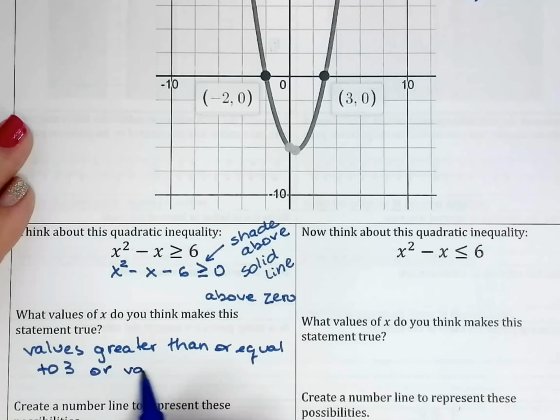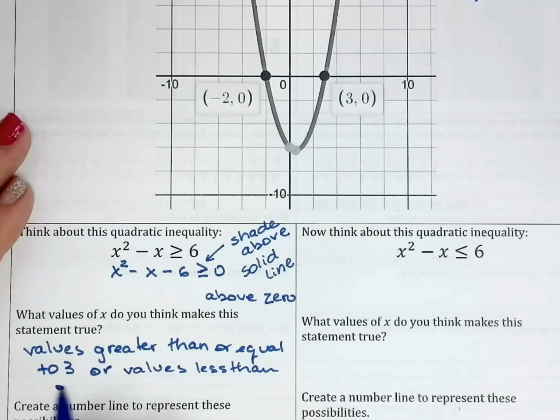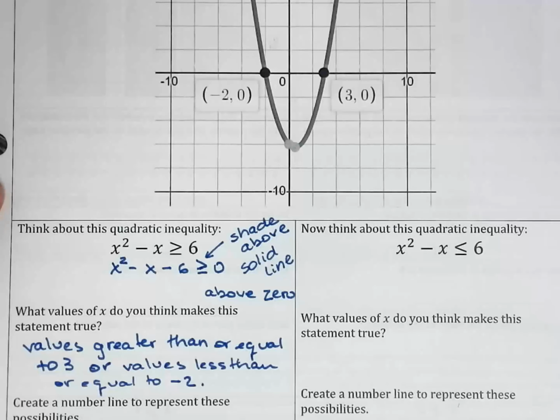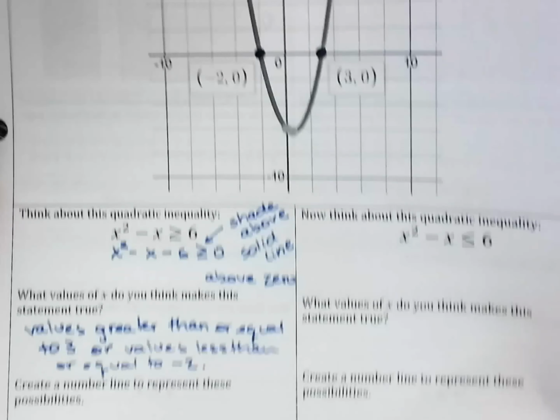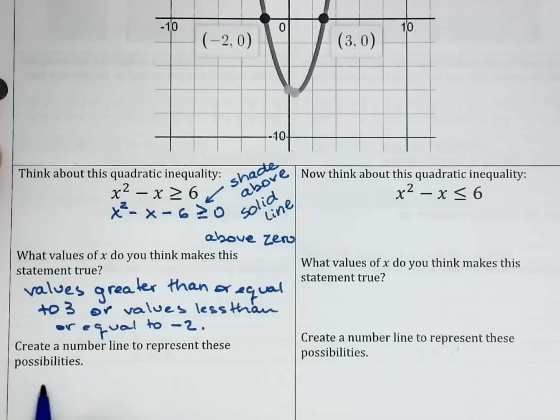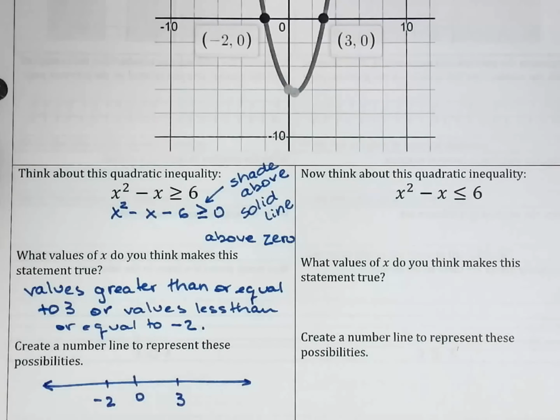Or values less than or equal to -2. Okay, so if I were to create a number line of what we just talked about, so here's my number line, here's 0, here's -2, here's 3.